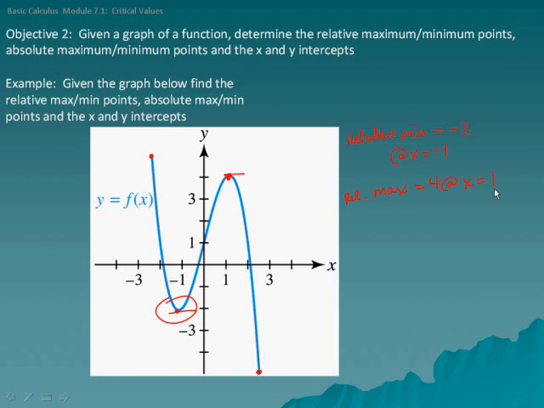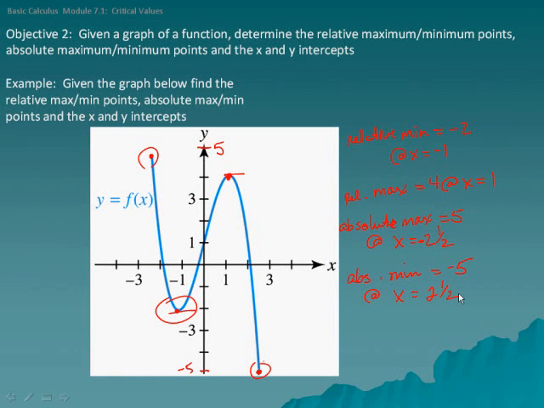And then we would have an absolute maximum, and that would be equal to, let's call it 5, and that would be at x equals negative 2.5. And then we'd have an absolute minimum here, equal to negative 5, and that would be at x equals positive 2.5.